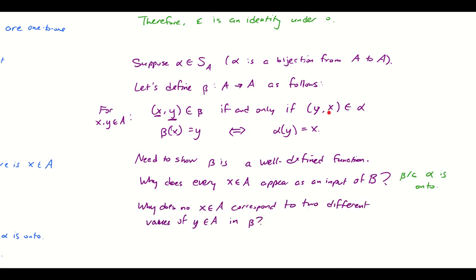The reason is that alpha is 1 to 1. If alpha failed to be 1 to 1, then I could have a couple of different inputs here that map to the same output, which means over here I'd have one input corresponding to several different outputs, which would threaten beta being a function. So the reason this is true is because alpha is 1 to 1. So beta is a function.